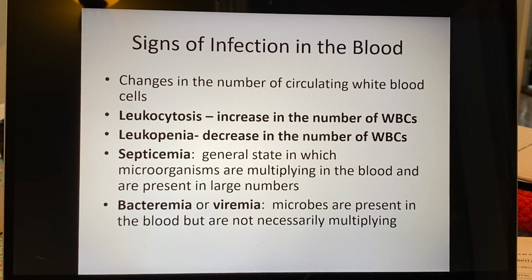So typically a patient who is not experiencing any type of infection would have between 4 to 10,000 white blood cells per cc or milliliter of blood. So if you see an increase in white blood cells up to, say, 15,000, 20,000, 30,000, that indicates to you there's some type of infectious process going on.